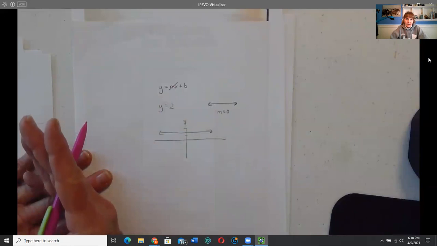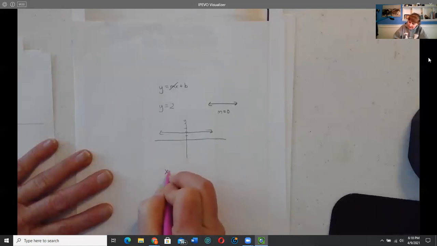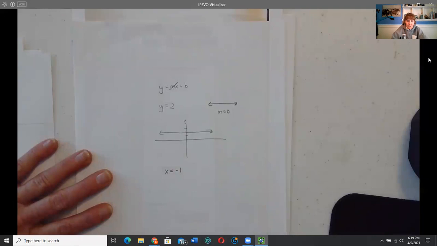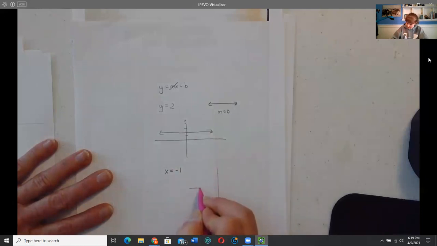What about an x? Before we go back to this little worksheet, let's continue with this idea. What happens if you're missing the y and you have something like x equals -1? Well, the x is to the first power, which fits our first rule. Well, what would this look like?